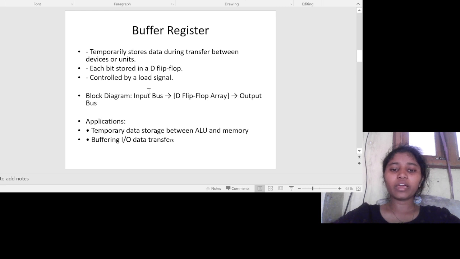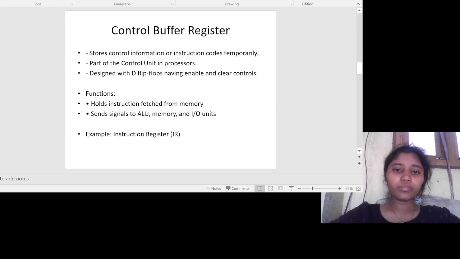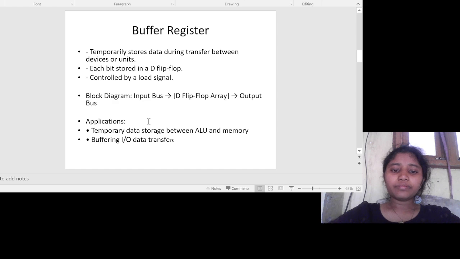In the block diagram, when I give an input into a D flip-flop, it gives an output by storing the data during transfer. We can use this buffer register for temporary data storage between ALUs and memory, and for buffering input data transfers.